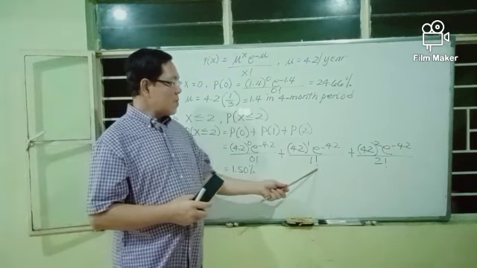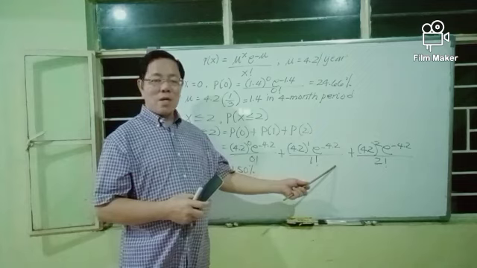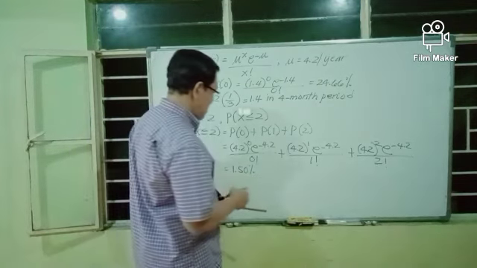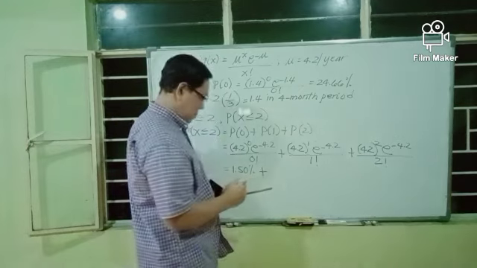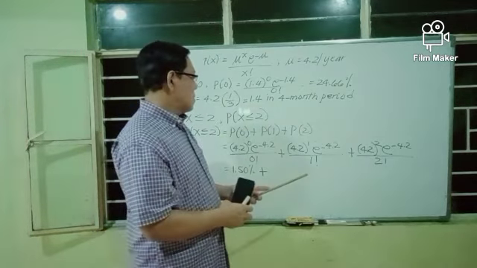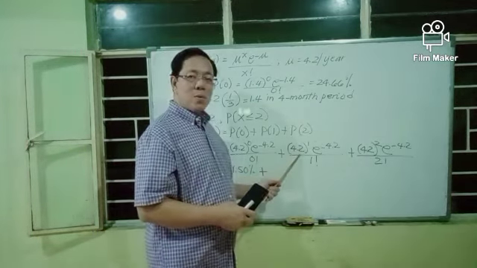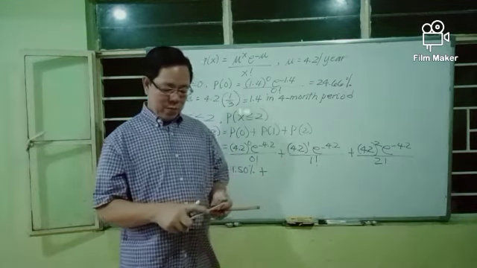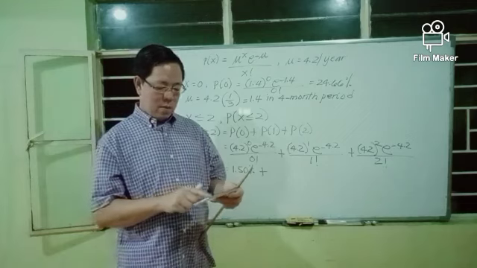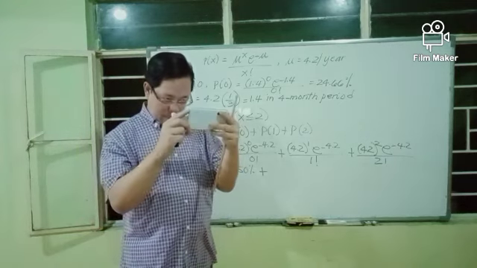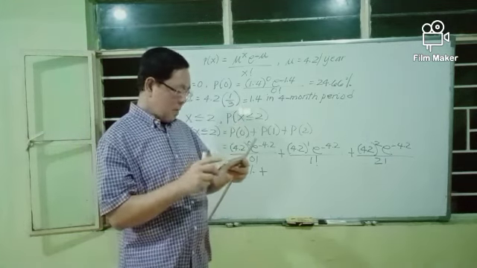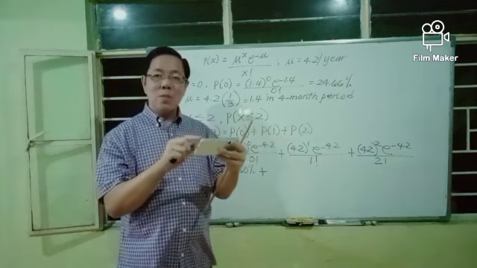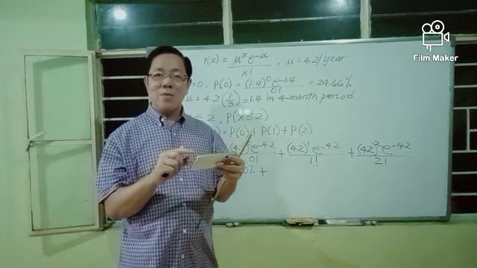Plus the second term, we compute this in our calculator. 1 factorial is 1. We have 4.2 raised to 1 multiplied by e to the negative 4.2. We have 4.2 multiplied by e to the negative 4.2.